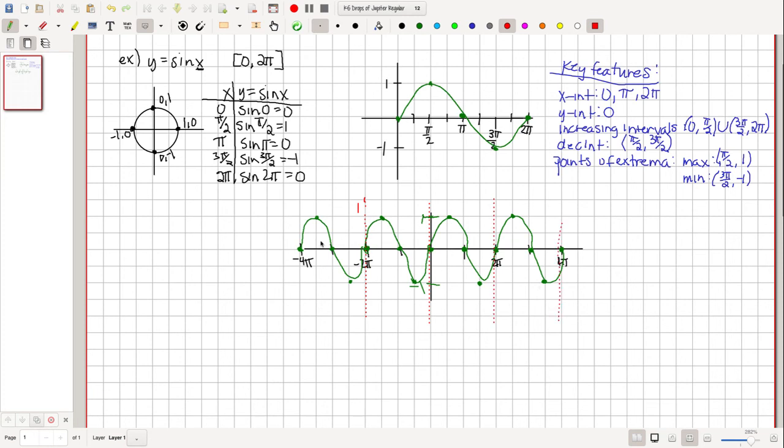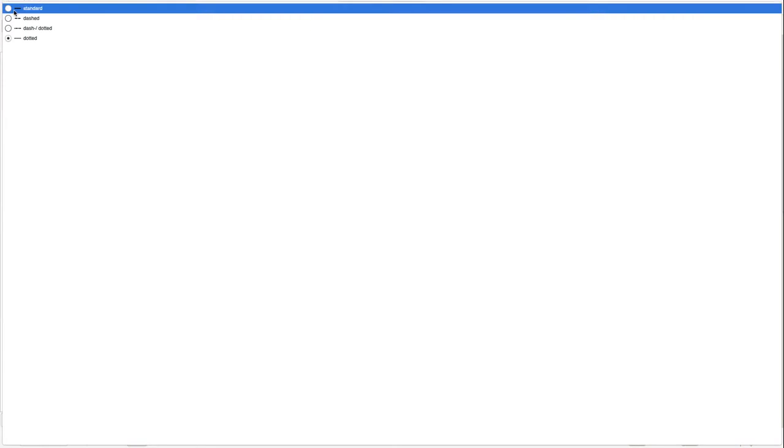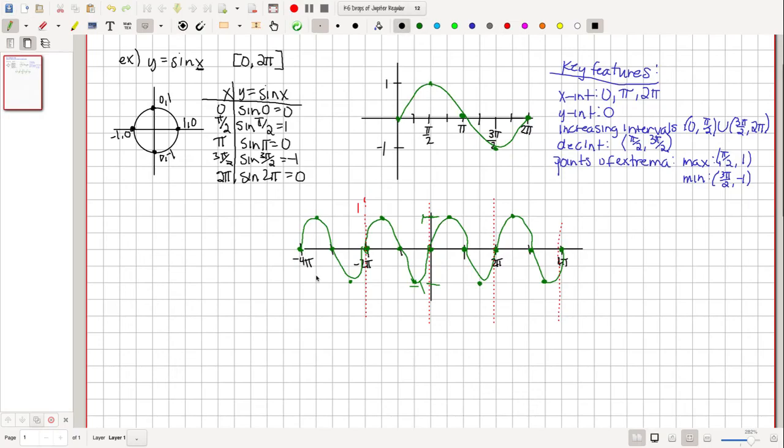Guys, it's just repeating itself every single time. We go up, we have a maximum, we have a minimum. This is going to go back up, have a maximum, have a minimum. So right here, we have just graphed 1, 2, 3, 4 periods in this one graph.